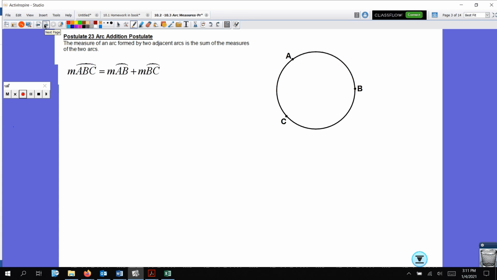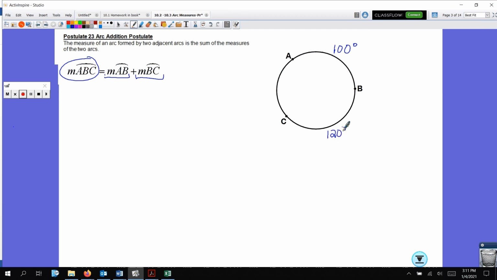All right, here's something so easy. It's called the arc addition postulate. The measure of an arc formed by two adjacent arcs is the sum of the measures of the two arcs. But let's first look, okay? We know the measure of the major arc is equal to these two little segments. So I'm going to fill in some information. What if I said that arc AB was 100 and arc BC was 120?